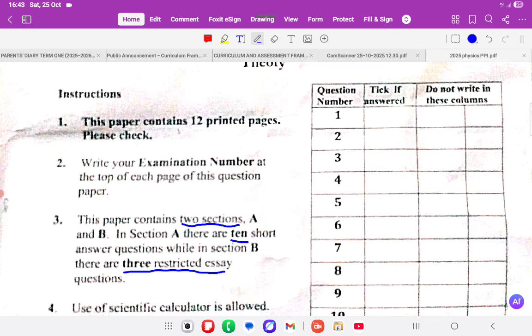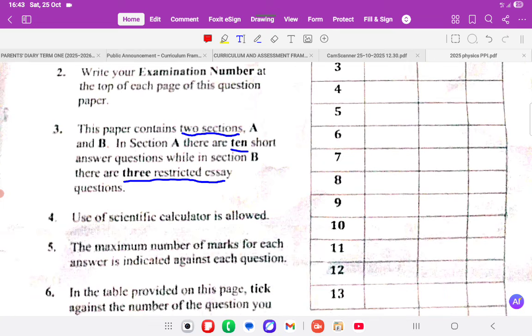That's the structure of the paper. The paper also allows you to use a calculator.